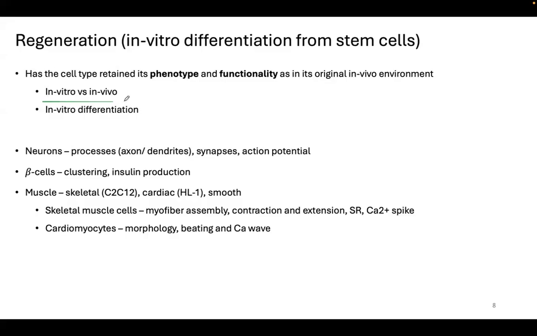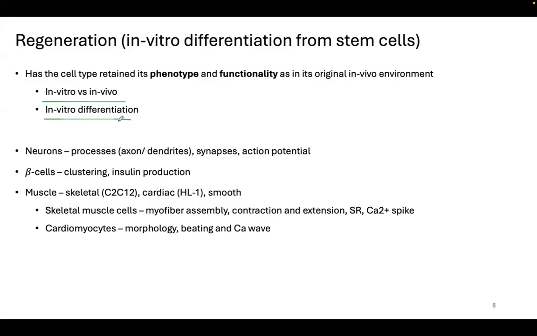There is a difference simply because the cells are now not in their original environment. Whether these are stem cells or differentiated cells, that is one source of difference. The other source is that you're differentiating them in vitro. You're not just growing a particular cell type. You started with something and you're ending with something else. So there's a whole process that the cells underwent, right?